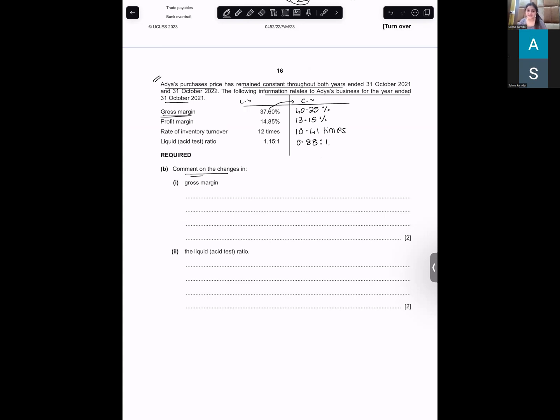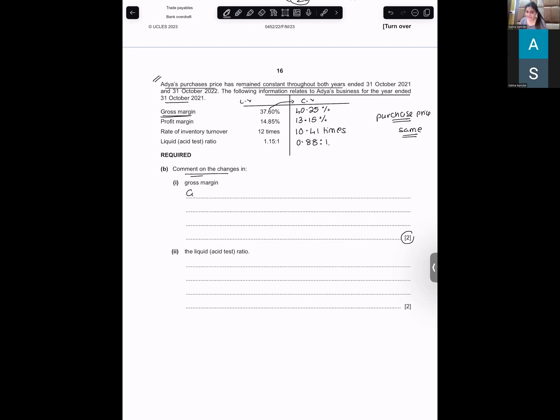What could be the reasons for this? The purchase price has remained the same. The first thing you have to write for 2 marks, the first thing you write, is a comment on the changes.